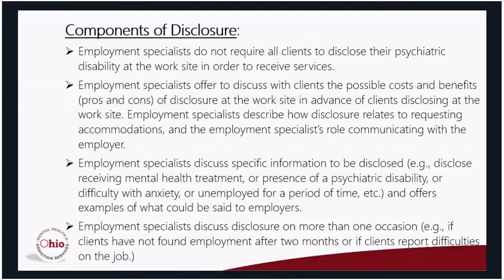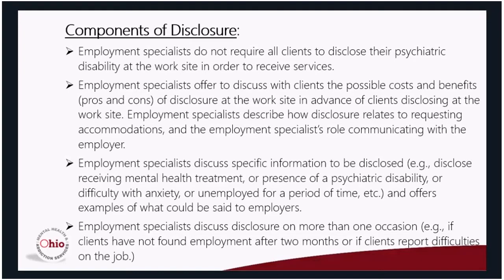And as you all know, there are 4 components to disclosure for the IPS model. The first one is employment specialists do not require all clients to disclose their psychiatric disability at the work site in order to receive services. 2, employment specialists offer to discuss with clients the possible cost and benefits of disclosure at the work site in advance of clients disclosing at the work site.